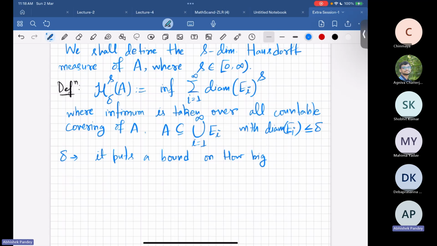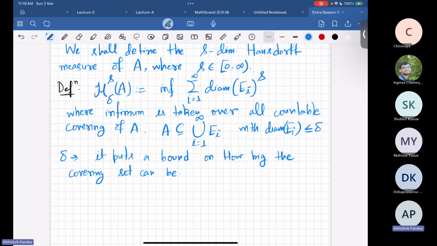How big the covering set can be. Okay, so observe that a smaller delta gives you a bigger H^s_delta(A).